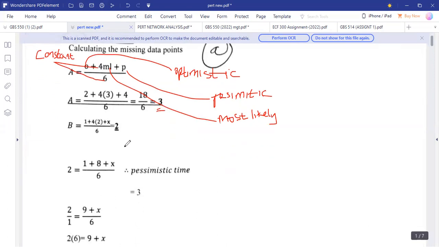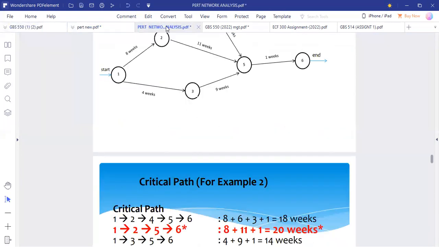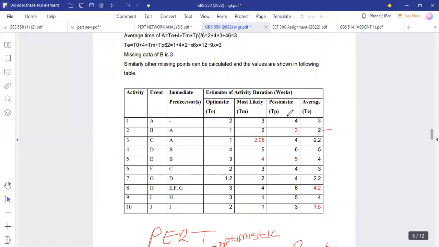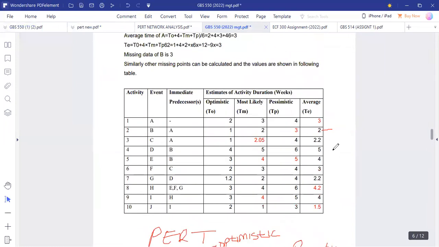Activity B was already given. So we're checking, and activity B was already sorted out in the question paper. Then even activity C was already given. Activity D was already given.